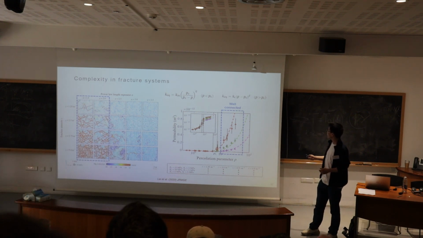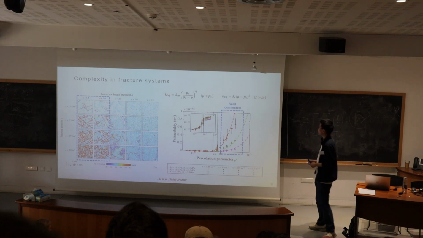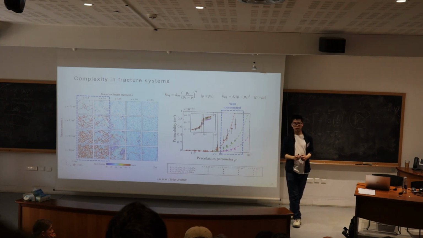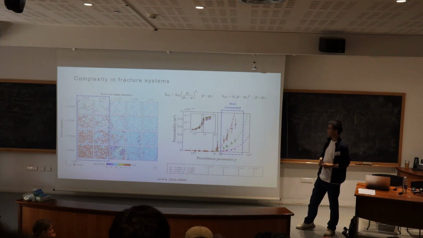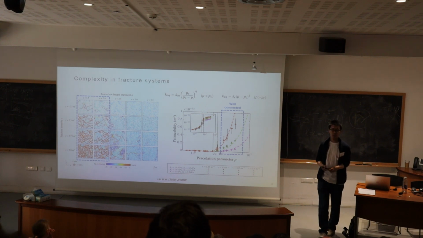And we see a significant increase of the permeability in the system. Okay, so we can see the emergence of diverse regimes in the system, and for each regime, a different equation can be applied.